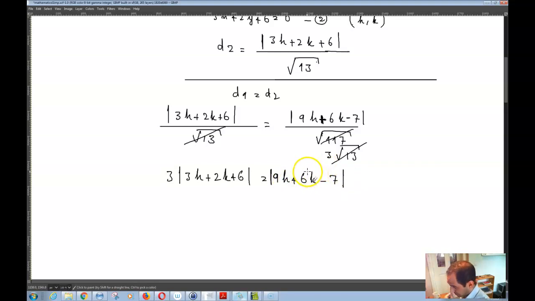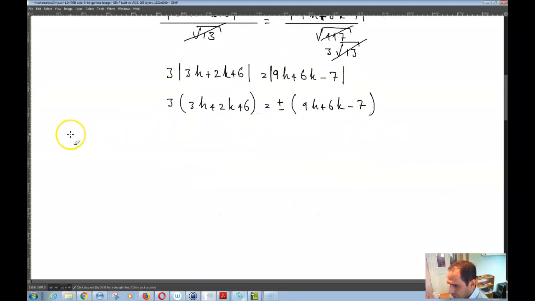What that means is that 3 times 3h plus 2k plus 6 is equal to plus or minus 9h plus 6k minus 7.